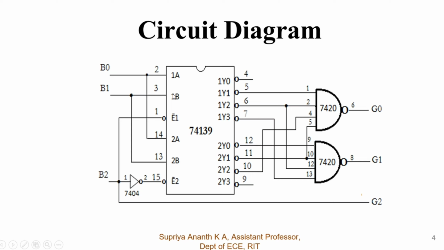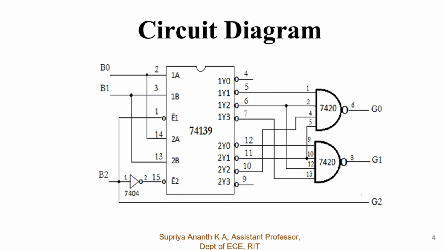We have the A and B bits that we are considering. From pin number 1, make it as an enable and give it to the NOT gate, and once again consider it as the G2, that will be the gray code. Next, these are the input data lines for the NAND gate. Make the circuit connection as per the circuit diagram and realize the same for the gray code.